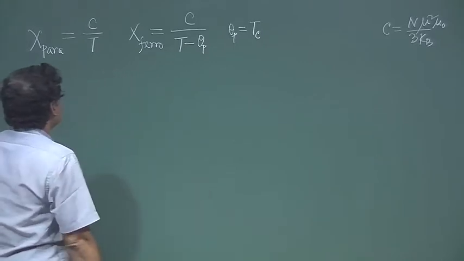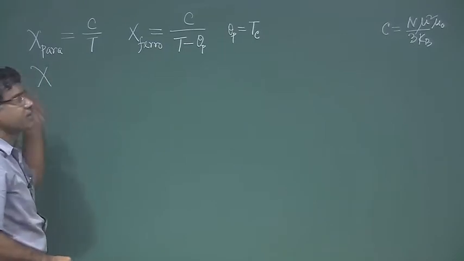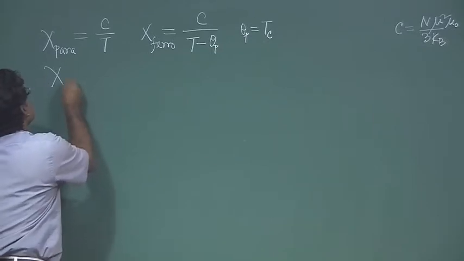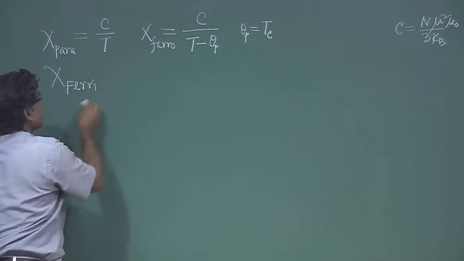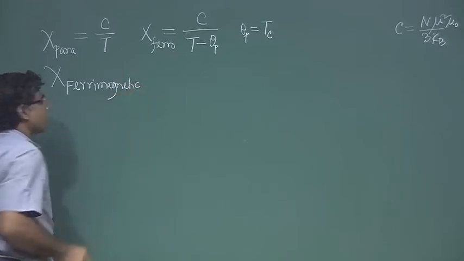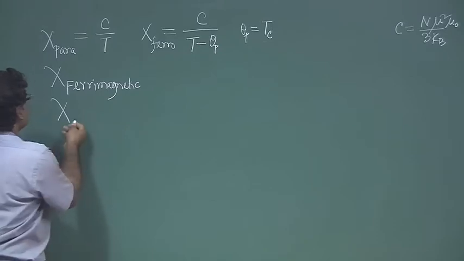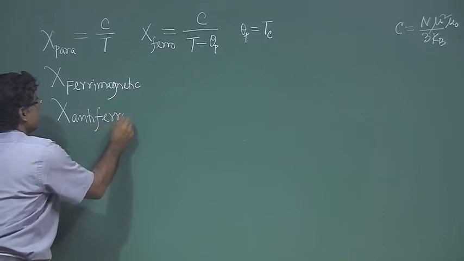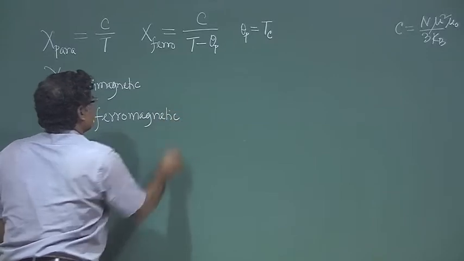take theta p equal to T c. Now, today we will see what is the relation between temperature and susceptibility of ferrimagnetic material, as well as susceptibility for antiferromagnetic material, right.